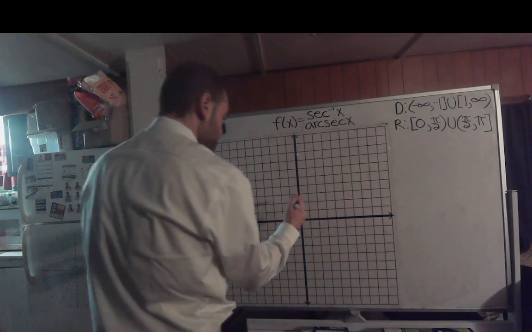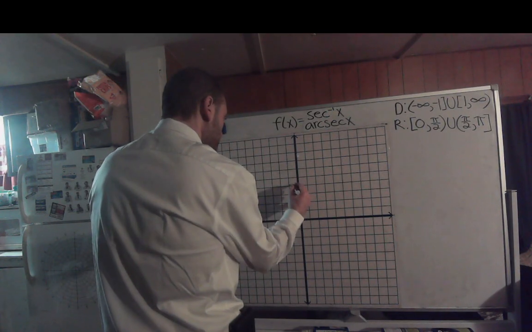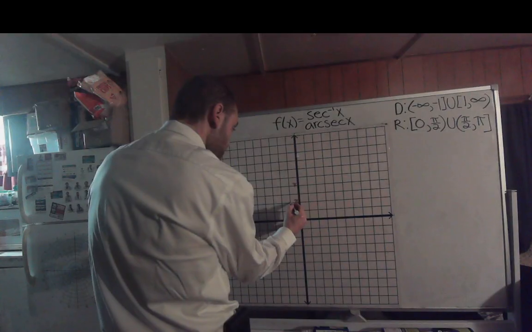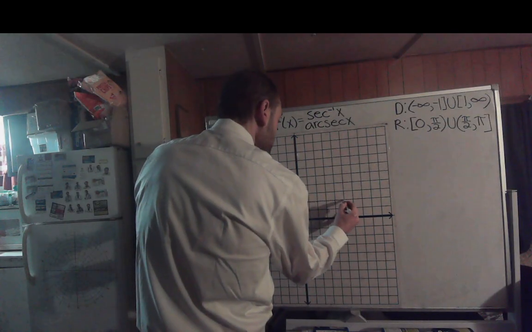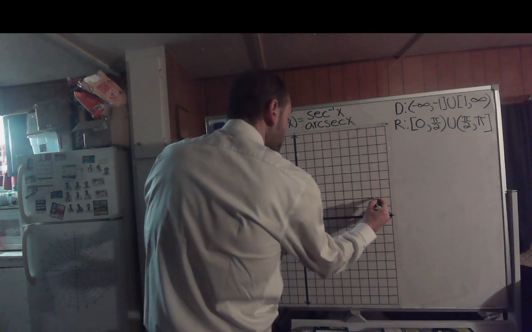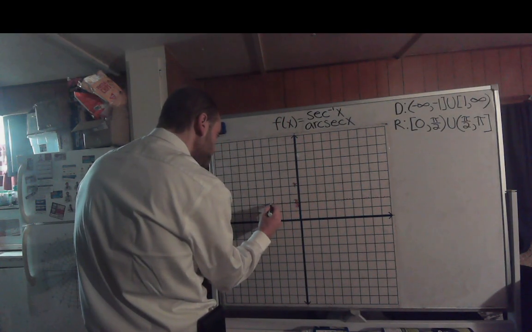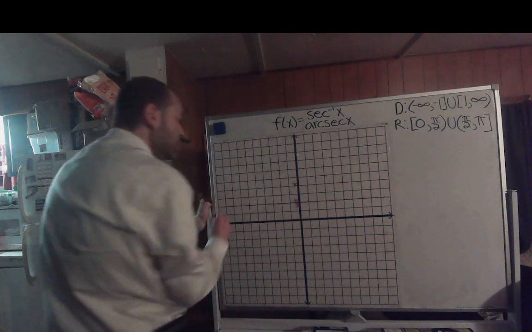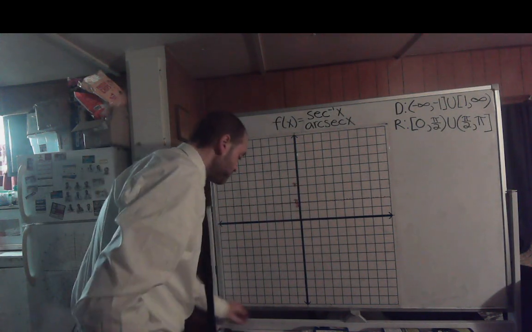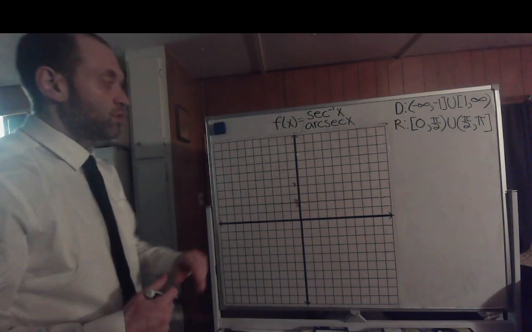So let me graph these here. So here's going to be pi over 2. Here's going to be pi. So at pi over 2 we have a horizontal asymptote. You're going to see just how this works in just a moment. Alright, so there's 0, pi over 2, and pi for our y values.